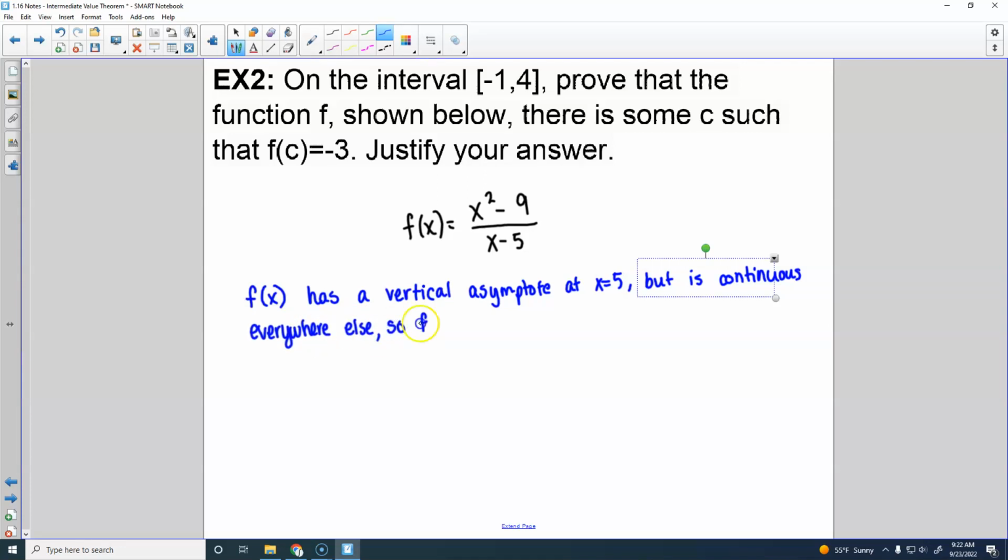So f of x is continuous on the interval from -1 to 4.